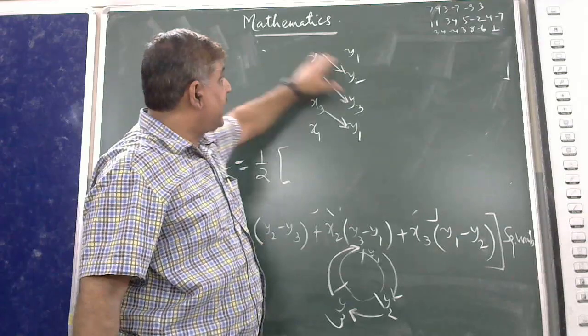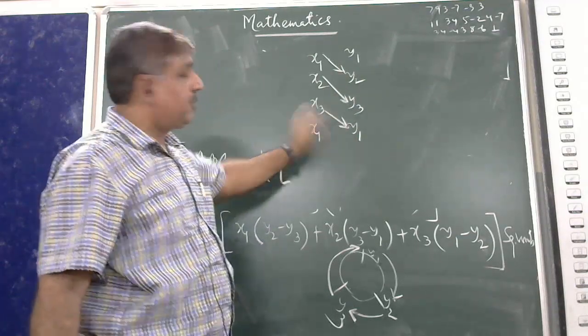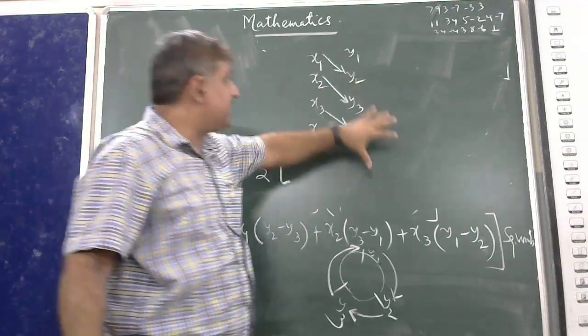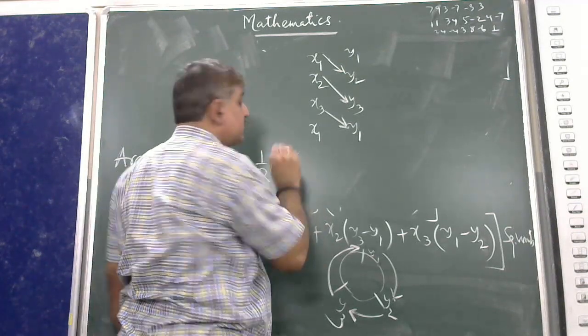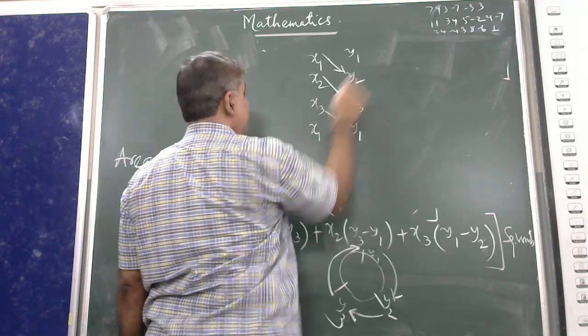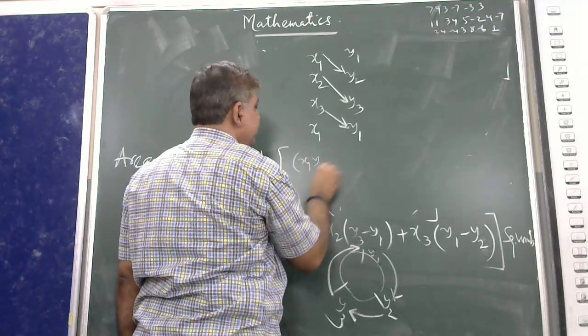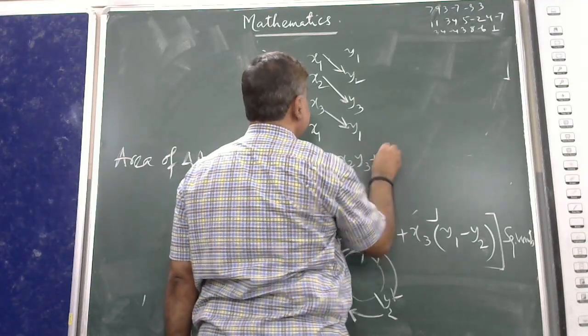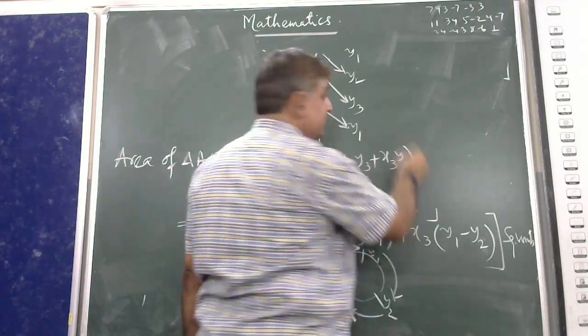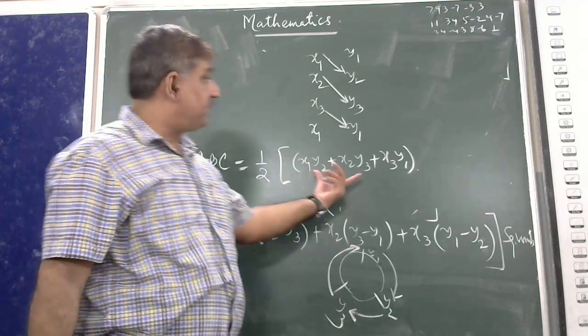Left top to right bottom, left top, right bottom, left top, right bottom. These 3 terms are to be multiplied and written in one bracket with plus sign. What happens? x1, y2, then plus x2, y3, then plus x3, y1. So this one is your first bracket.